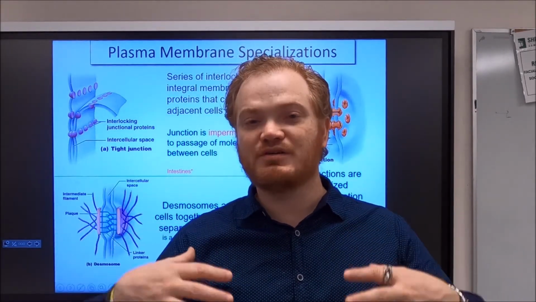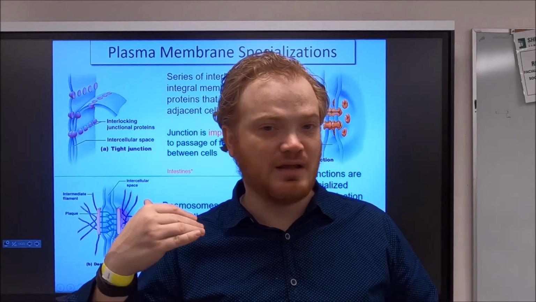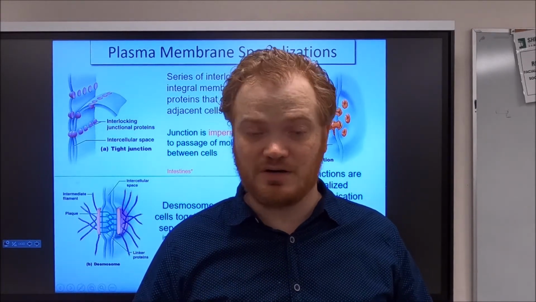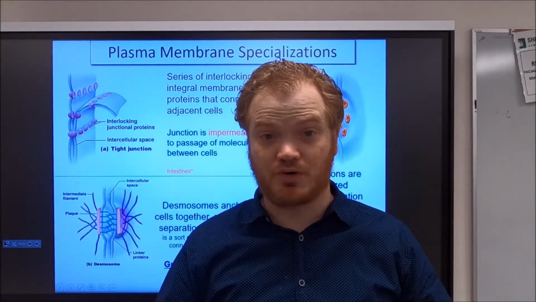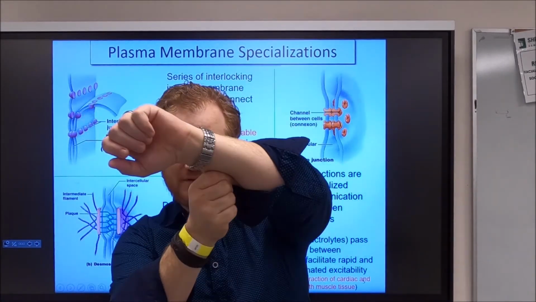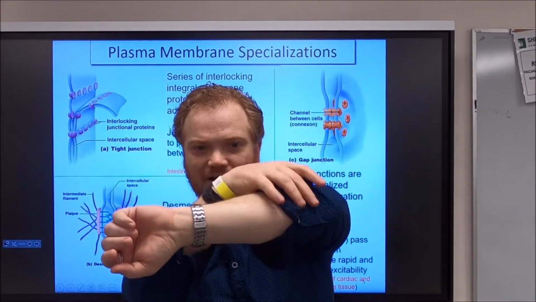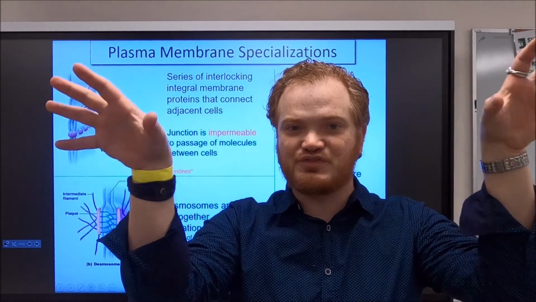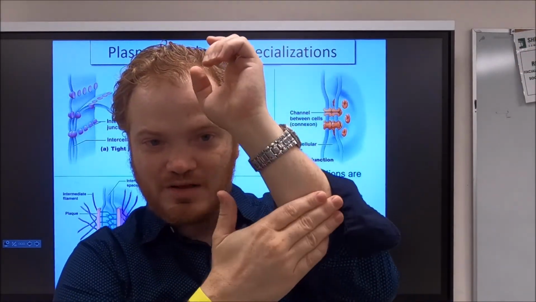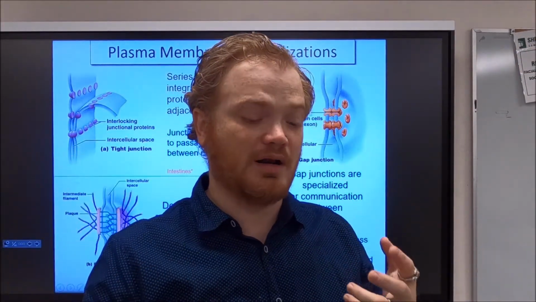It makes each cell no longer function as a single cell in terms of tension. It makes the whole tissue function as a single unit for strength. So I can grab my skin and pull, and I can feel it getting tight all around my arm because my skin is linked together. All the cells of my skin are individual cells, but they're all linked to one another using desmosomes.